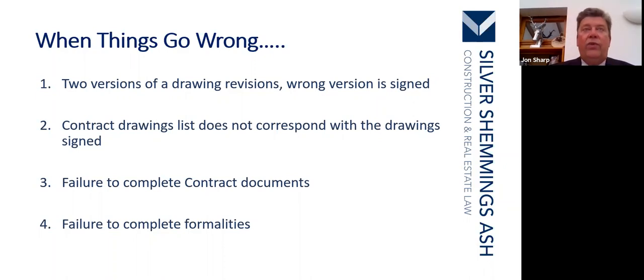Again, what the construction industry is not particularly good at, and this is not in any way a criticism, because I understand the pressure to get things signed and get on with work, but they're pretty bad at making sure that we get a contract which is, first of all, signed by all parties, secondly, has all the correct appendices, drawings, etc. attached to it.